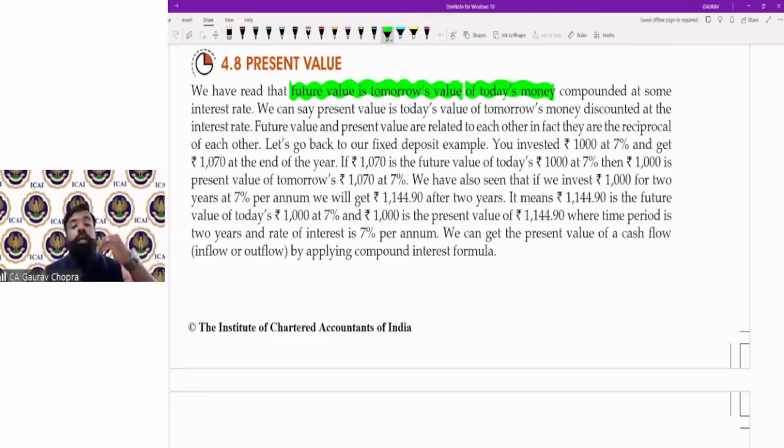जो आज हमारे पास पैसा है उसकी वैल्यू फ्यूचर में क्या होने वाली है। अगर आज मेरे पास 100 रुपीज का नोट है और मैं उस 100 रुपीज को इन्वेस्ट करता हूं for 1 year, and after that 1 year I am getting 110. So that 110 is basically the future value. Okay.